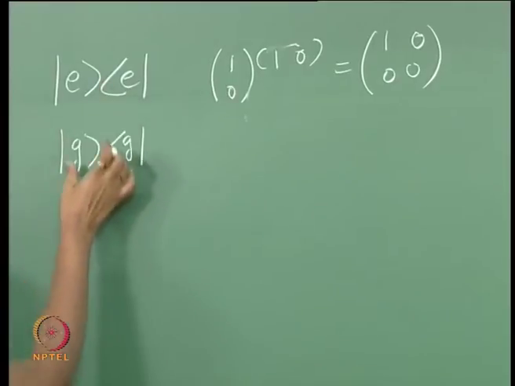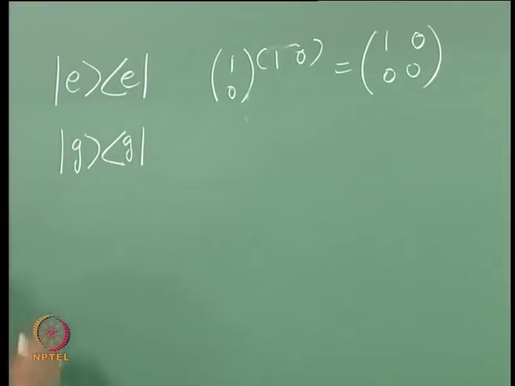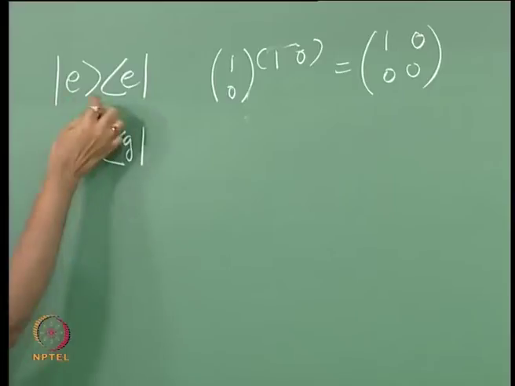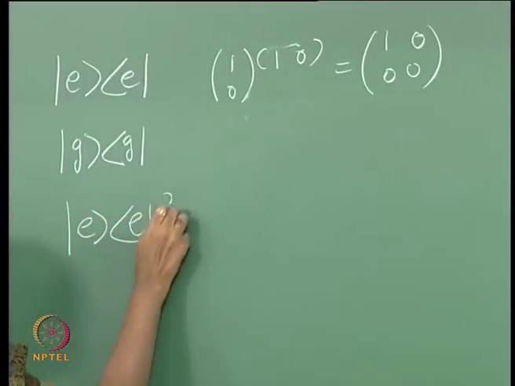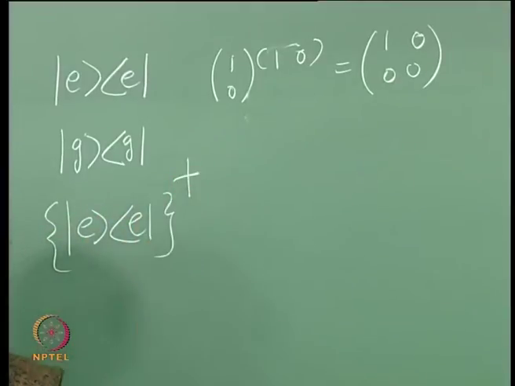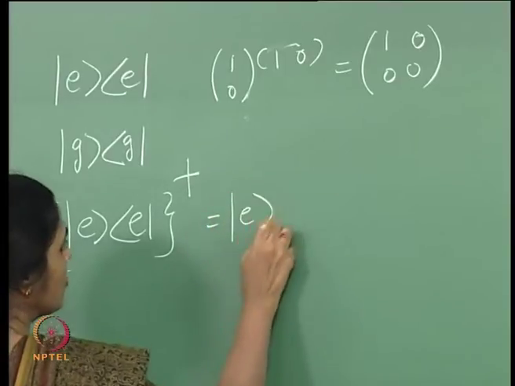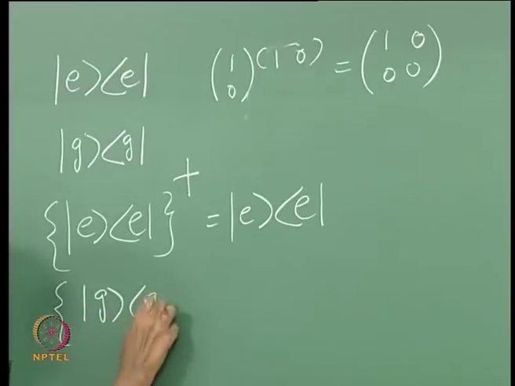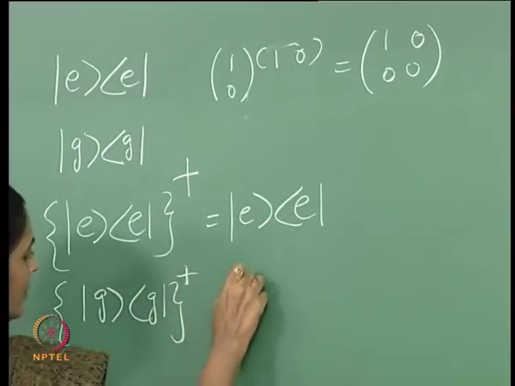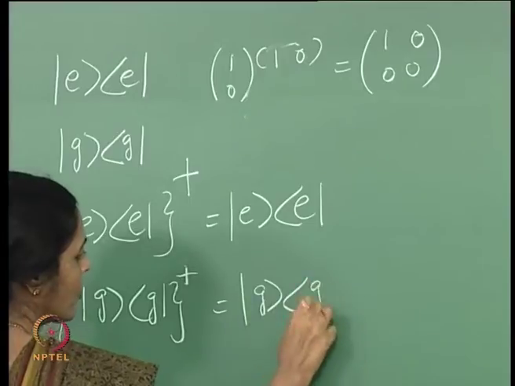This is one of the operators that I can form with ket G. It is evident that these two are Hermitian operators, because when I take the dagger, that means interchange the rows and the columns and take the complex conjugate of all the entries, that simply gives me the same operator. Similarly, this is another Hermitian operator.